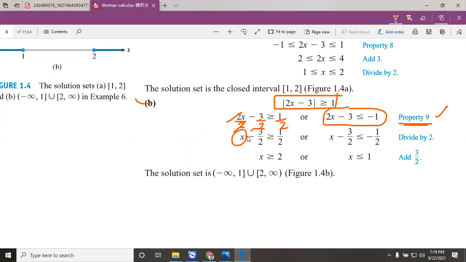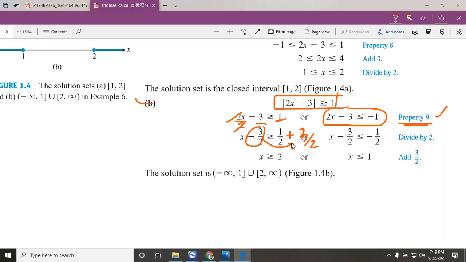Then we get minus 3 by 2 here and here half. On the next line, we have to add 3 by 2. Yes, we can take plus 3 by 2 from the left side to the right side.